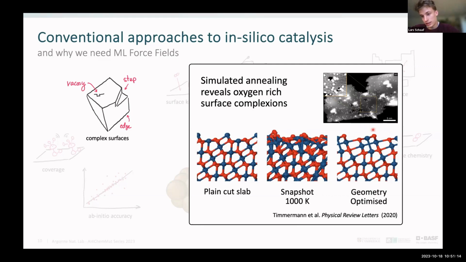And initially, they didn't believe their model. I mean, Karsten Reuter, of course, tells the story much nicer, but they didn't necessarily believe their model initially until later, an experimental group actually said, you know what, we've actually observed the same thing experimentally. And so this is a very cool illustration of how machine learning methods really bridge this gap from ab initio to experiment.